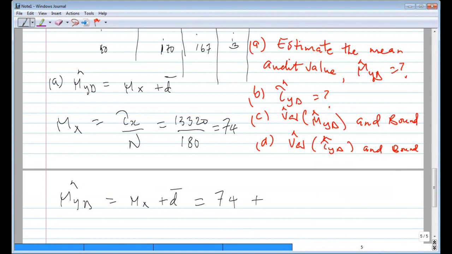Y bar you have already calculated to be 72.1, and x bar is 71.7. So d bar is 72.1 minus 71.7, which is 0.4. And then 74 plus 0.4 is 74.4, isn't it?